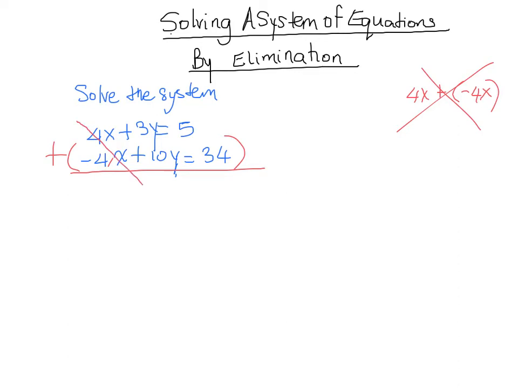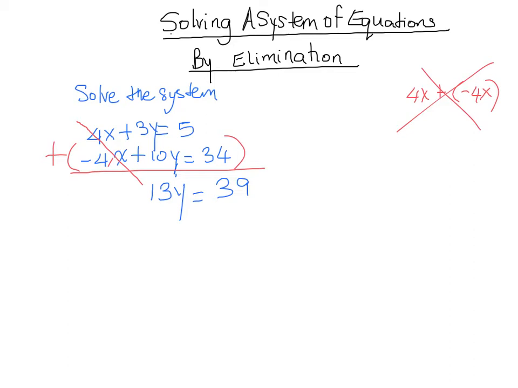But I can't just add my x's and then keep it moving. I have to add each and everything. So when I add my 3y to my 10y, I get 13y. And I have to also add my constants to each other. Those are like terms as well. So when I add my 34 to my 5, I get 39.